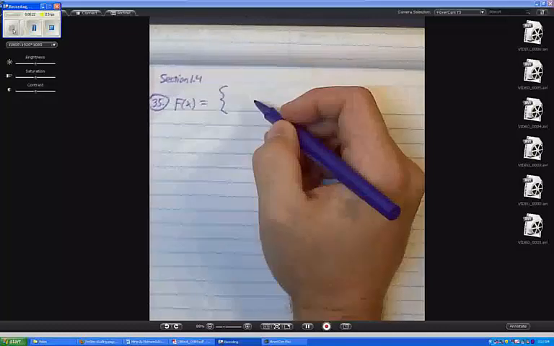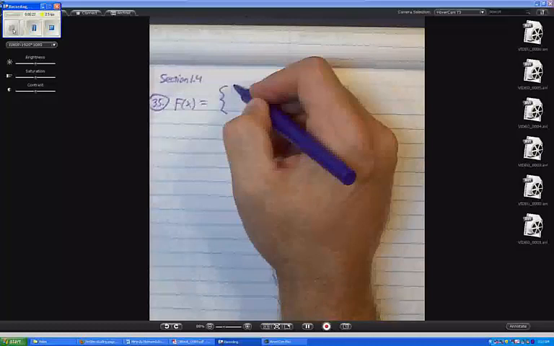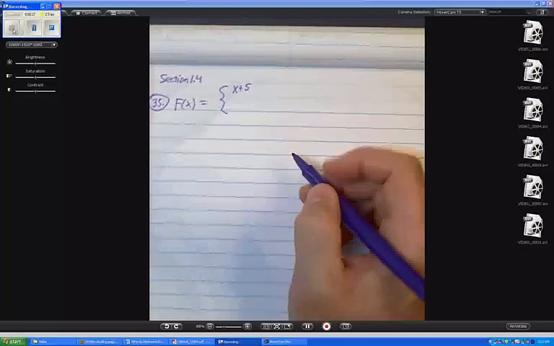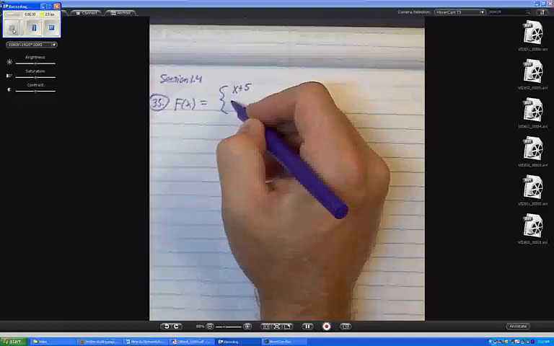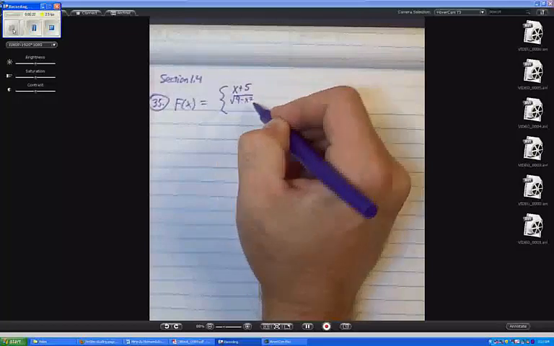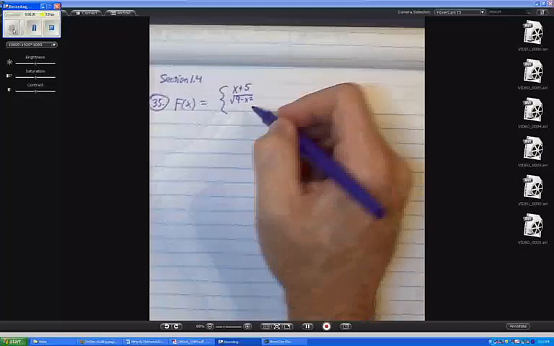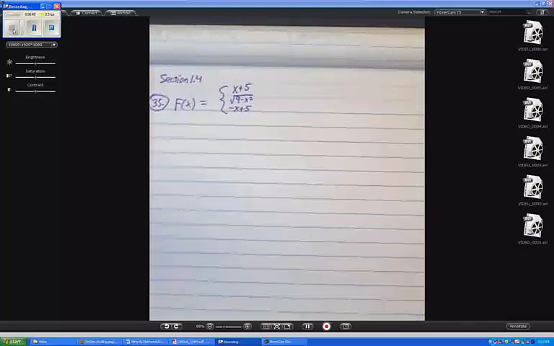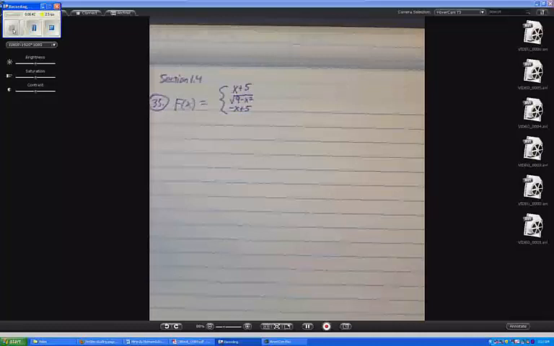Sometimes this function equals x plus 5. Sometimes this function equals the square root of 9 minus x squared. And sometimes this function equals negative x plus 5. Okay? This is called a piecewise defined function.